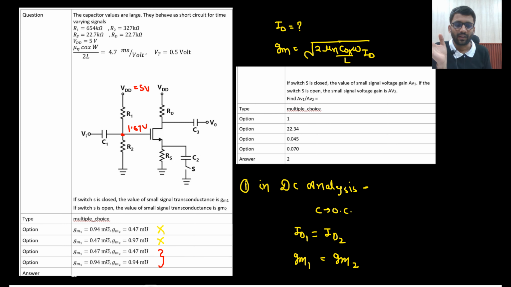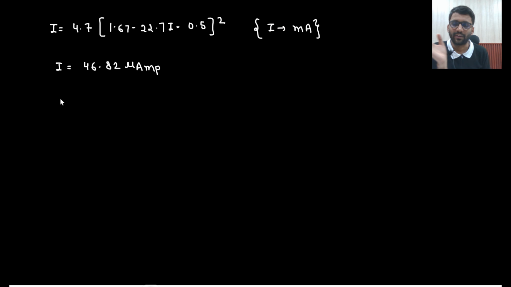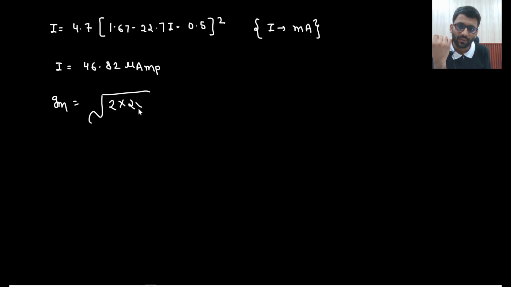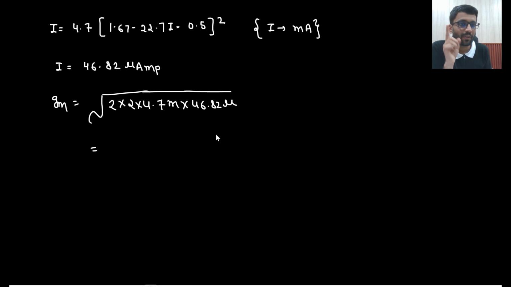Okay, and then we just need to calculate the gm value. So gm would be what? 2 into mu n Cox W by L into 2 into 4.7 milli, this is milli, into 46.82 micro, this is micro. Inside, 10 to the power minus 9 is there.